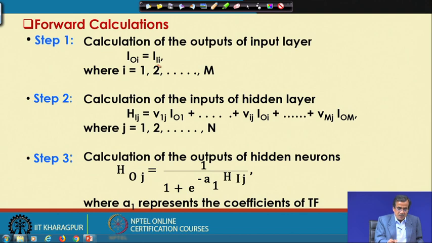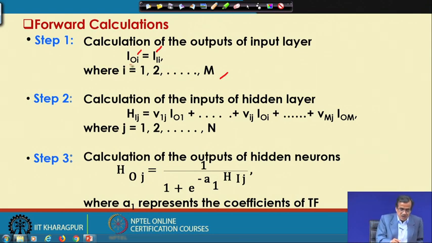So, I can write down that the input of the ith neuron lying on this particular input layer is nothing but the output of the ith neuron lying on this input layer, where i varies from 1 up to m. This capital M is the total number of inputs and that is nothing but the total number of neurons lying on the input layer.